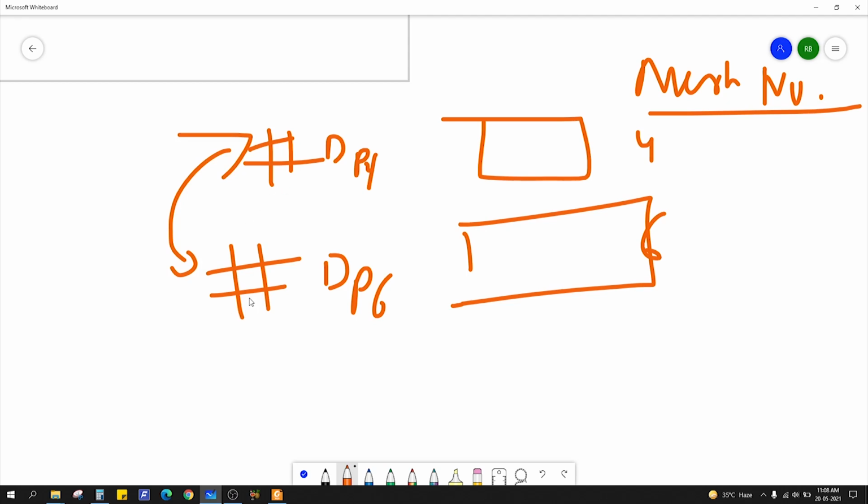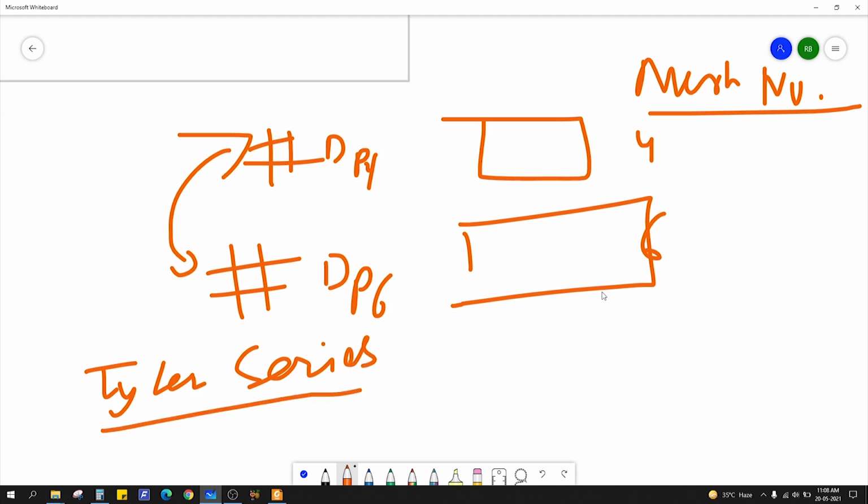For the standard Tyler series, which is for the standard screens, what is the relationship between these two? Let's say the area of this opening is A4, and the area of this opening is A6.